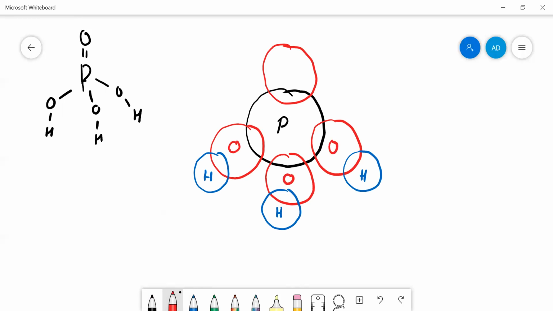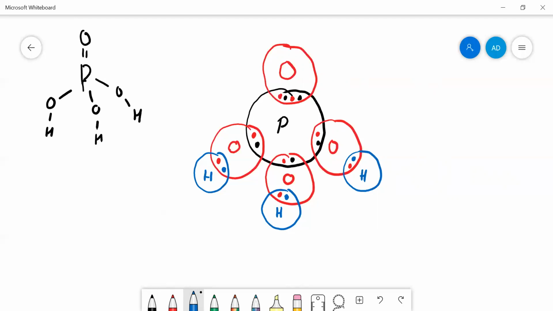Right, so this one here is a double bond. So we have 2 electrons from the oxygen, 2 from the phosphorus. These are singles, so 1 from the oxygen and 1 from the phosphorus. Single bond to the hydrogen, so 1 from the oxygen and 1 from the hydrogens.